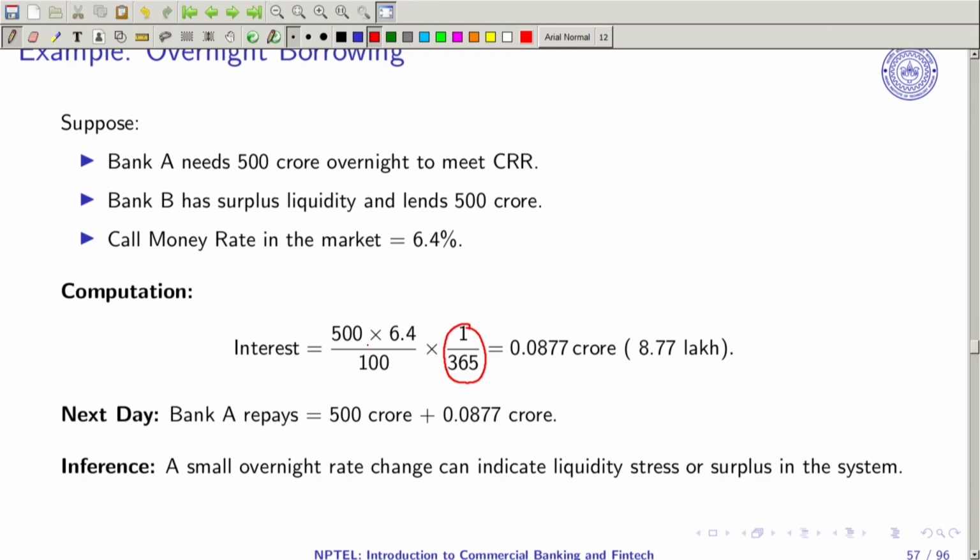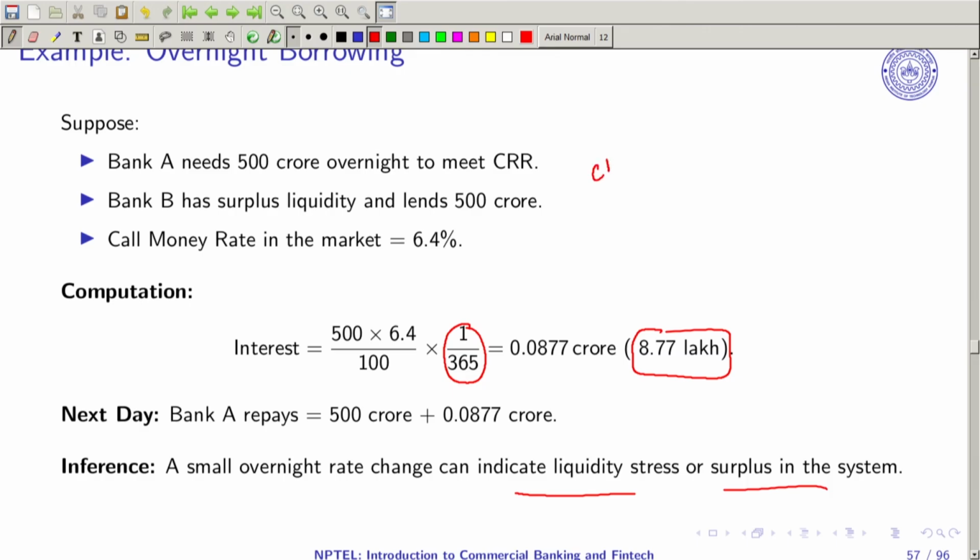So how much are we getting? On 500 crore, how much in one night will bank A, which has borrowed, pay to bank B? 8.77 lakhs. So bank A repays 500 crore plus 0.0877 crore, and this is how we have it. So a small overnight change can indicate liquidity stress or surplus in the system.